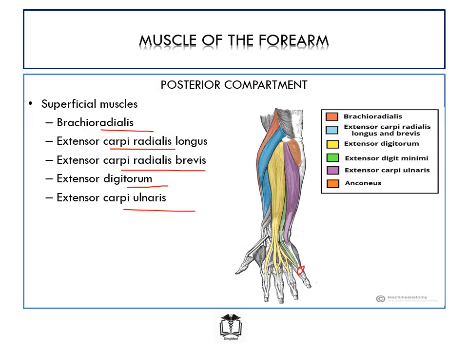So let's talk about the extensor digitorum muscle. The extensor digitorum muscle also originates from the common extensor tendon at the lateral epicondyle of the humerus. It inserts at the extensor expansion of the second to fifth digits. You can see the extensor digitorum in yellow, and how it inserts at the second all the way to the fifth digits through the extensor expansion.